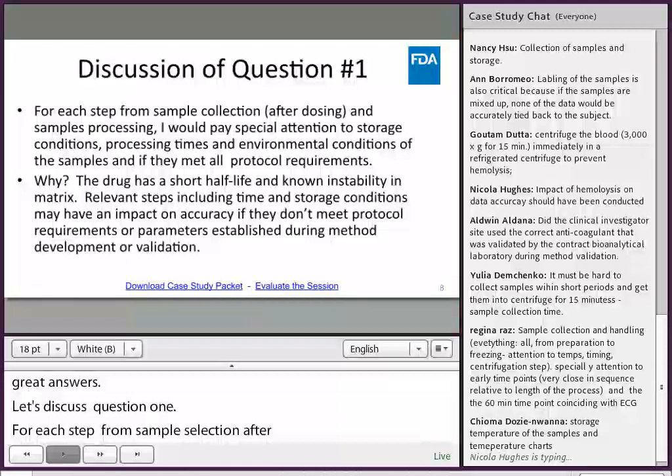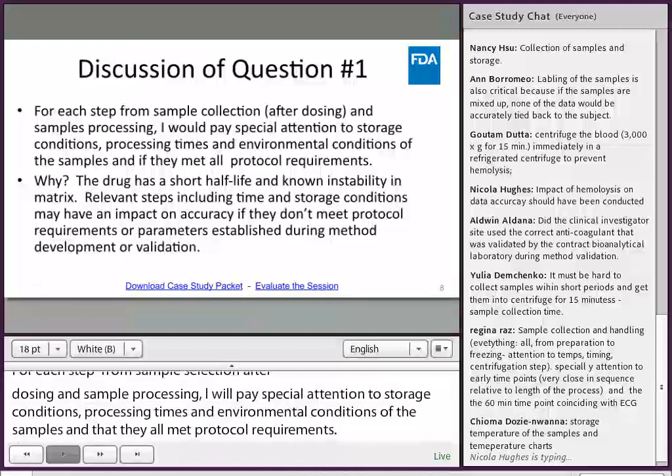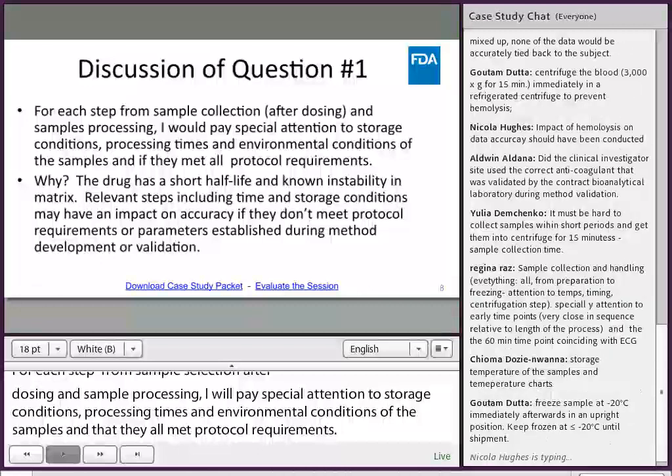Why? The drug has a short half-life and known instability in matrix. I would also pay special attention to the relevant steps, including time and storage conditions, which may have an impact on accuracy if they don't meet protocol requirements or parameters established during method validation or development.